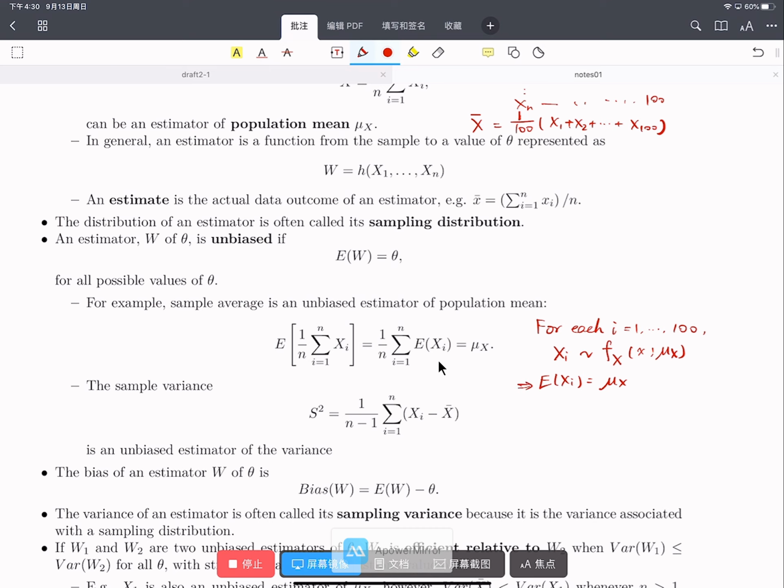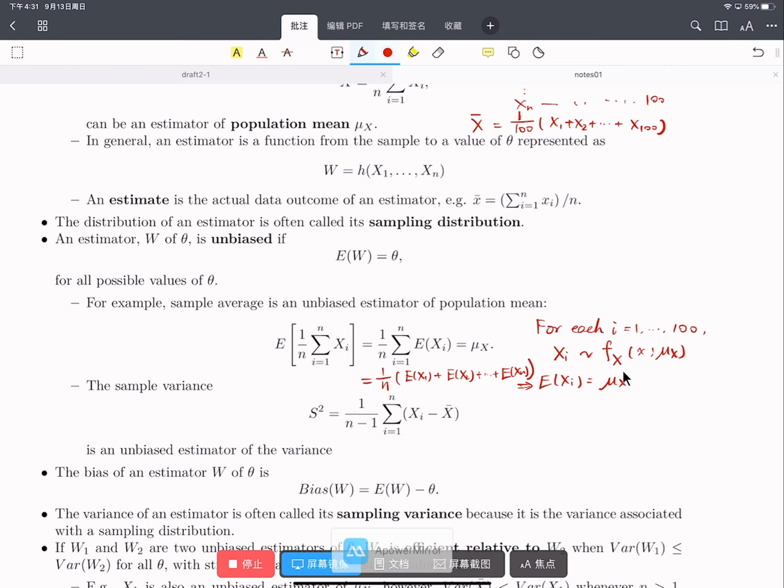Therefore, this one equal to 1 over n is 100, for example. We have shown that each E of xi equals mu of x.